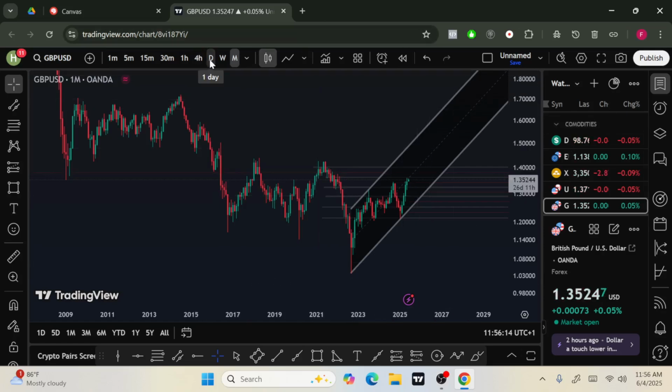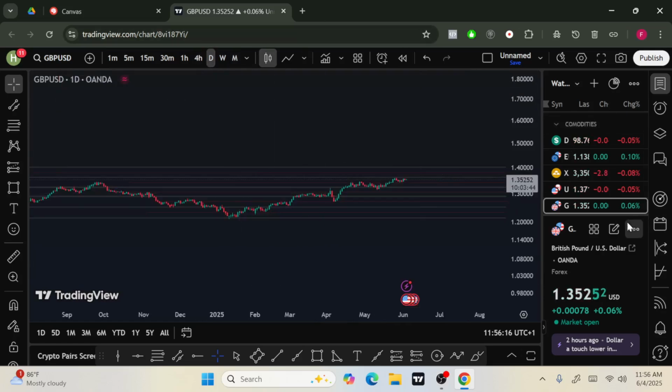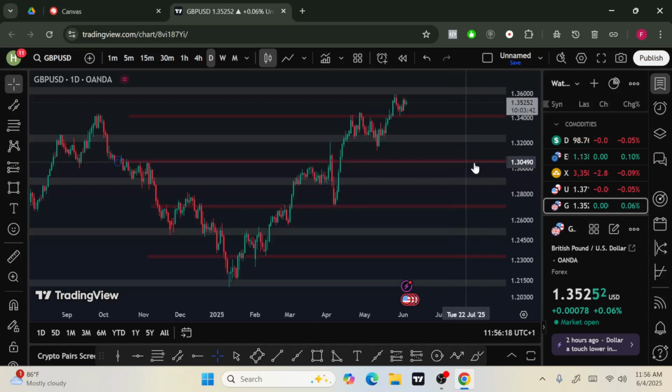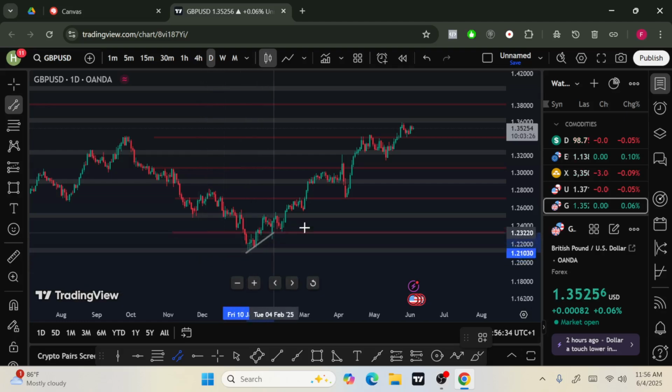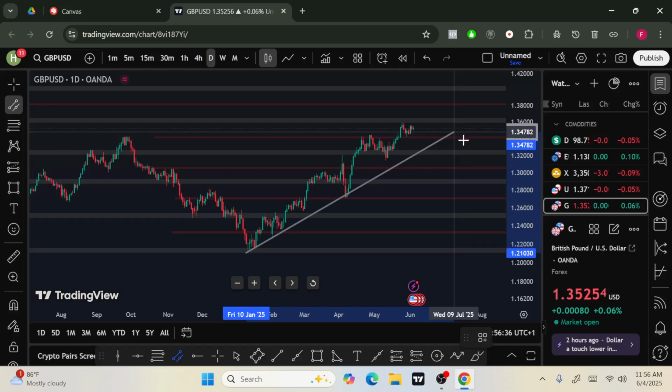You now come down to your daily time frame to now look at a market structure. Any market structure you are seeing. So what are the market structure you are seeing here? Where is the starting point? From this place. So what will you now do? You take your channel, connect it from this point to the second point, and straight into the future.